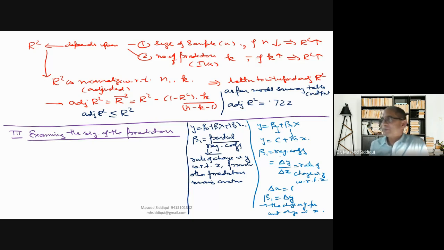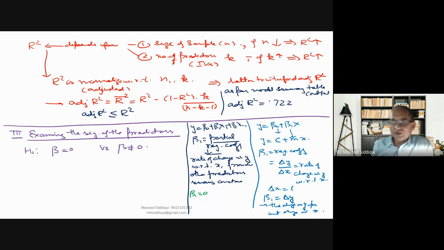Now suppose in either of these two cases, whether the first case or the second case, beta 1 is 0. Beta 1 is 0 means the rate of change is 0. Rate of change 0 means that the predictor is not having any impact on y. So here we examine H naught as beta equals to 0 versus beta is not equal to 0.